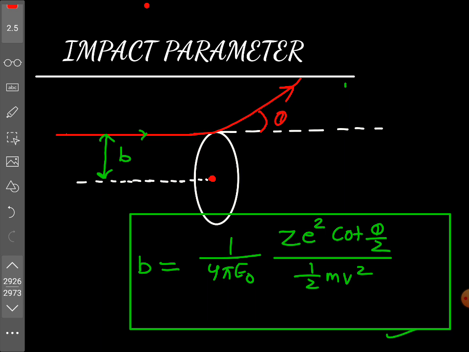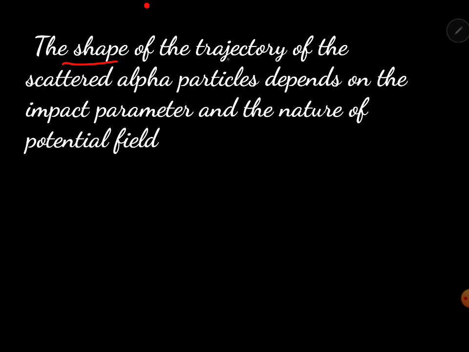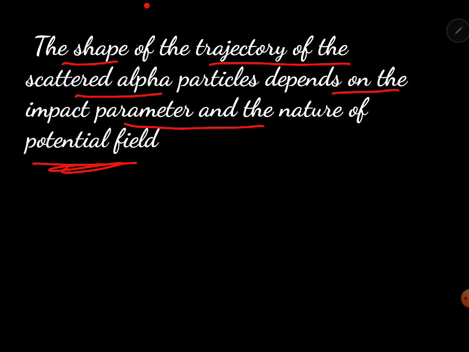So this distance has an impact on the angle of deflection of the alpha particle, therefore it is called the impact parameter. The shape of the trajectory of the scattered alpha particle depends on the impact parameter and the nature of the potential field.